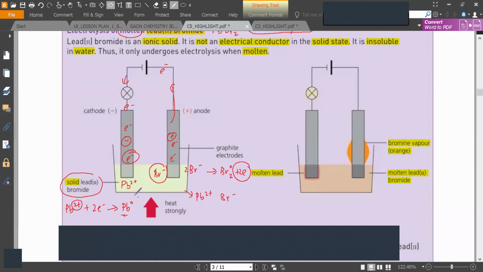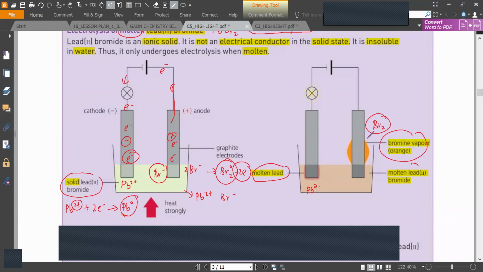So we have the product here, lead metal, and here we have the bromine gas produced. That's what happened.